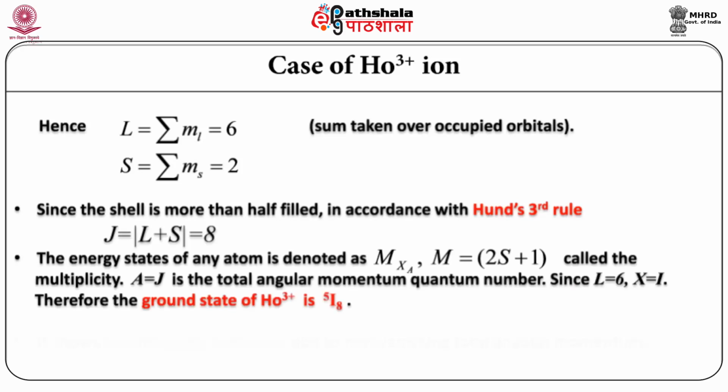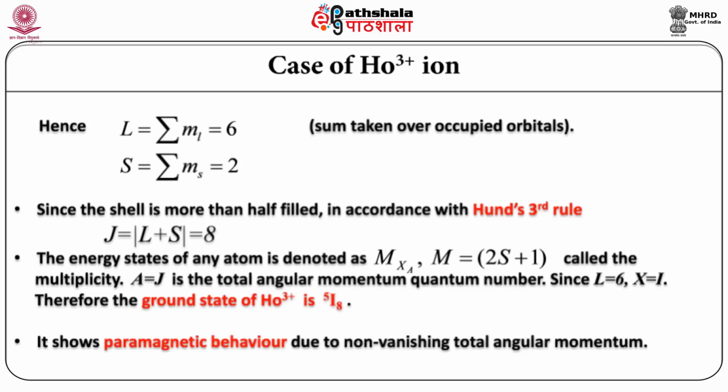The energy state of any atom is denoted by mLa, where m equal to 2S plus 1 is called the multiplicity. Repeating, a equal to J is the total angular momentum quantum number. Now since L equal to 3 corresponds to I, the ground state of Ho3 plus is 5I8. It shows paramagnetic behavior due to the non-vanishing total angular momentum.